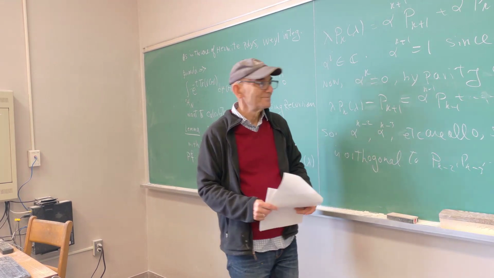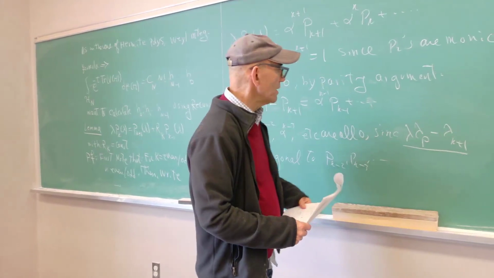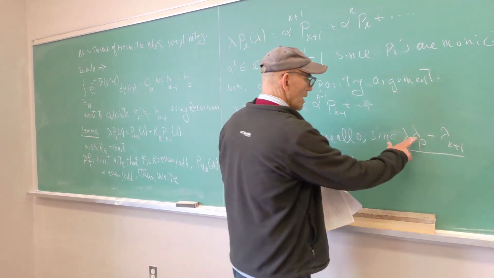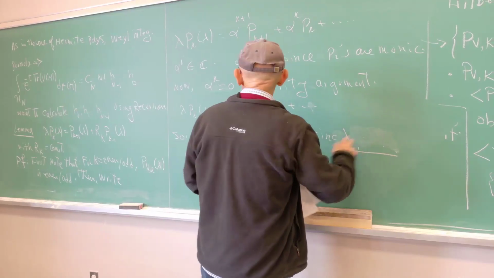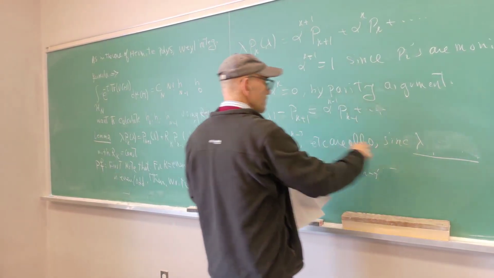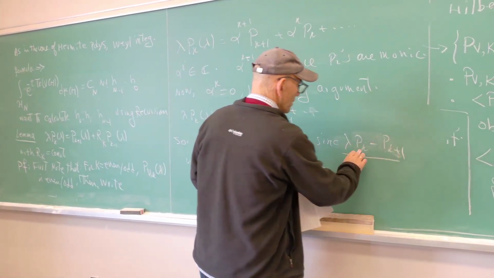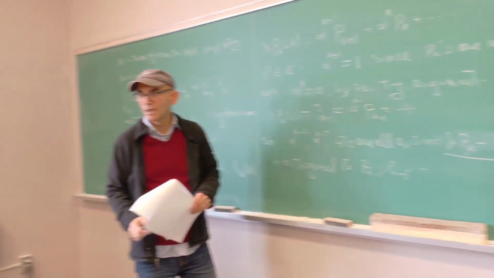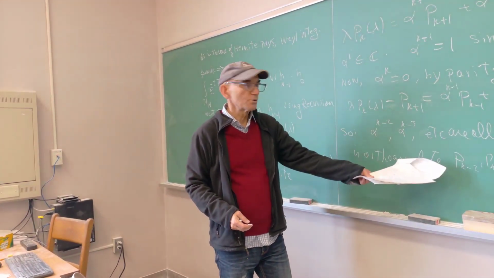Sorry, what is that quantity exactly? Not lambda pk, I meant here, this is basically lambda pk minus pk plus 1. This is orthogonal. Thank you. That's better. So we want to show that this is orthogonal.